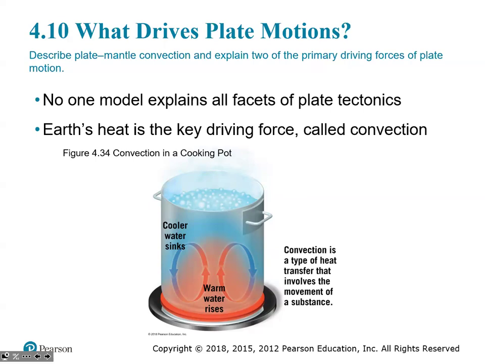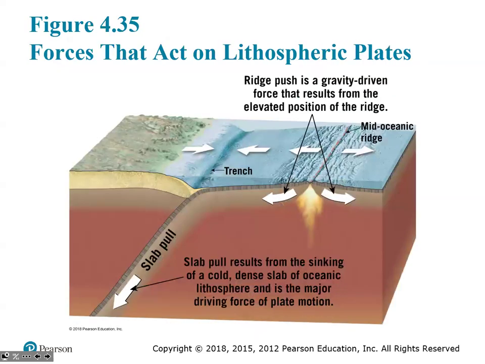So there's distinct convection occurring in the mantle, where warmer spots, you have magma rising, it cools, it sinks in other locations. And those currents help drive the plates apart or along. And additionally, there's forces from the crust itself moving.